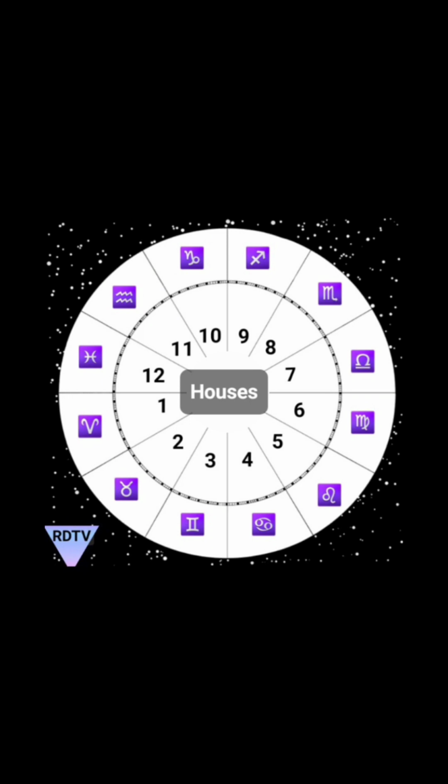And if you're not familiar with Astro Matrix app, I do have a tutorial on how to use the Astro Matrix app. And you can put in your information and then go at the bottom where it says Matrix. And that's where you learn astrology. They also have, I think, tarot on there. You can learn tarot. But go to the houses section, and we're going to start with the first house.